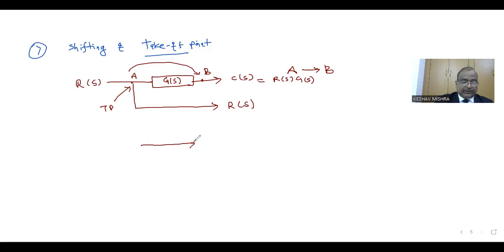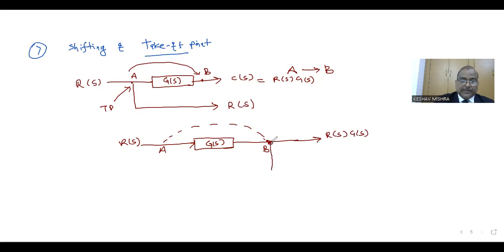So this is Gs, and the takeoff point has been shifted from position A to some position B at this point. Still, this is producing Rs into Gs. Output is Rs into Gs. Now the takeoff point has been shifted to this position.